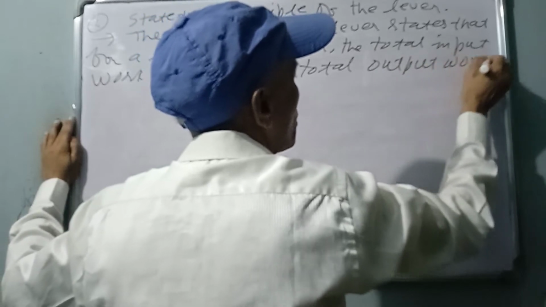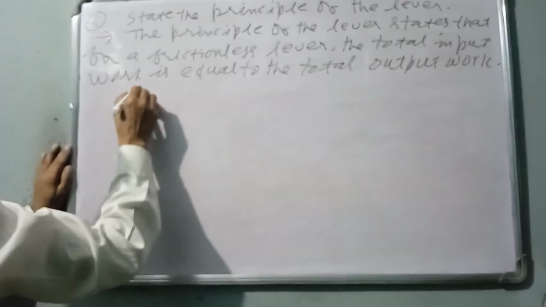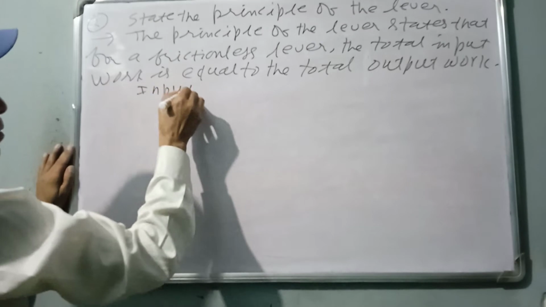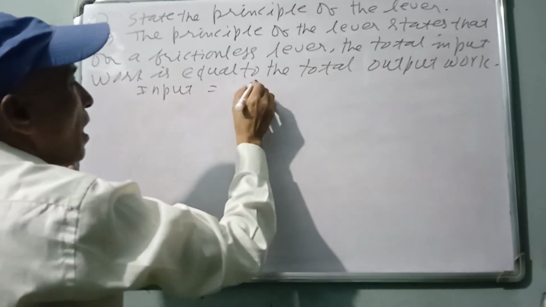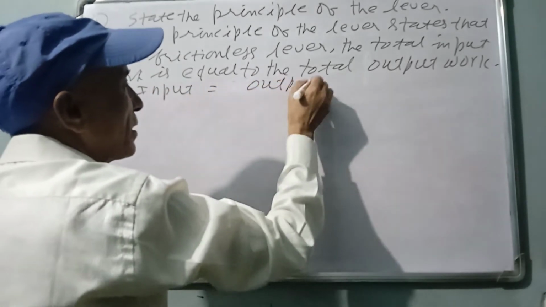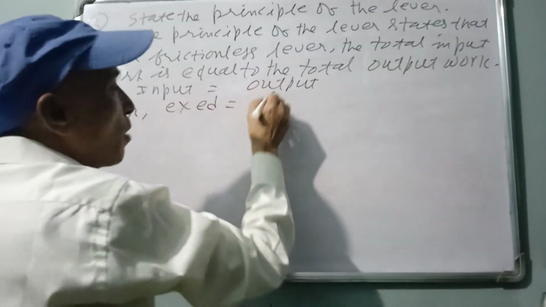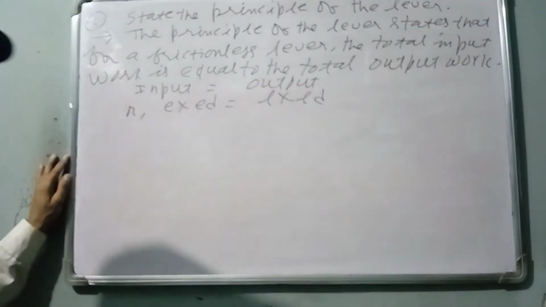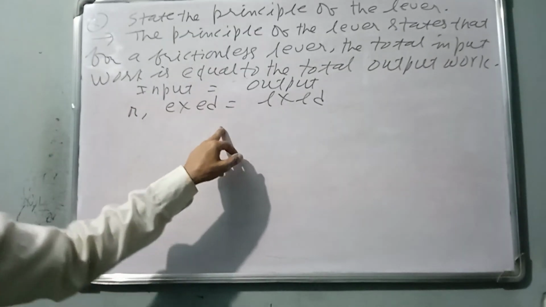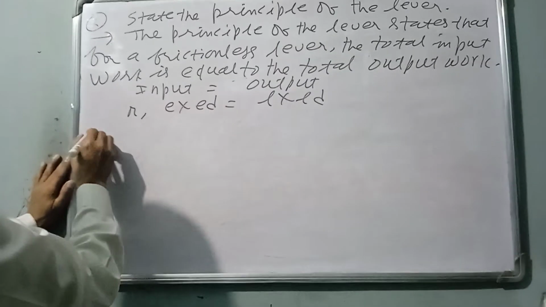Total input work equal total output. It means input equal output. Mathematically, input formula effort into effort distance, output formula load into load distance. For perfect machine, it is called so.